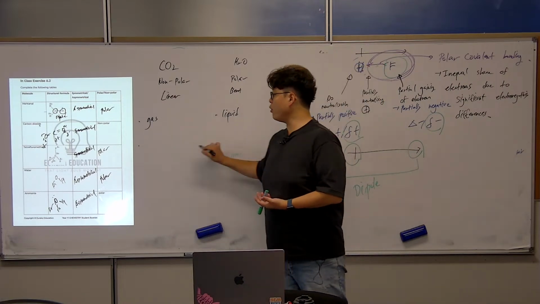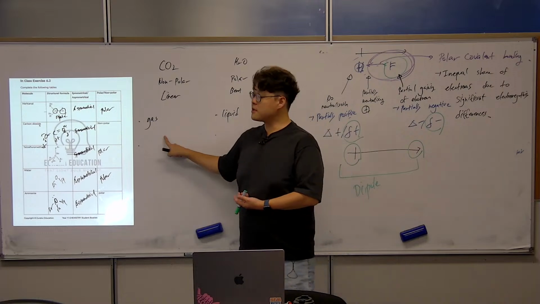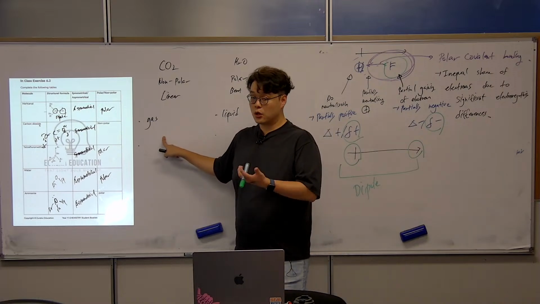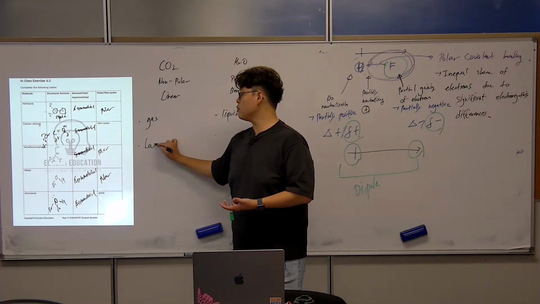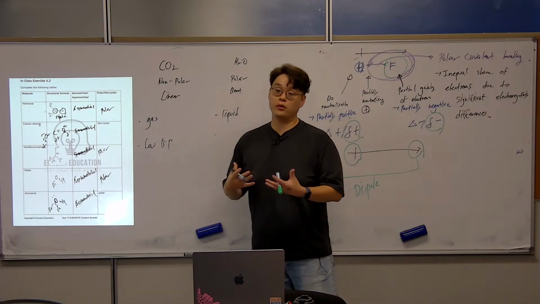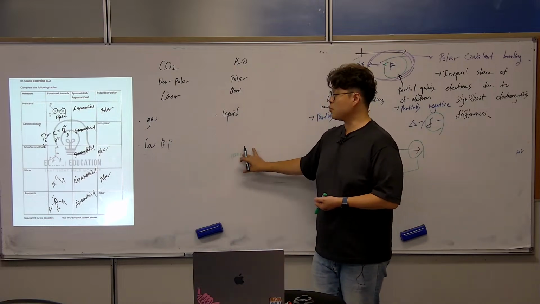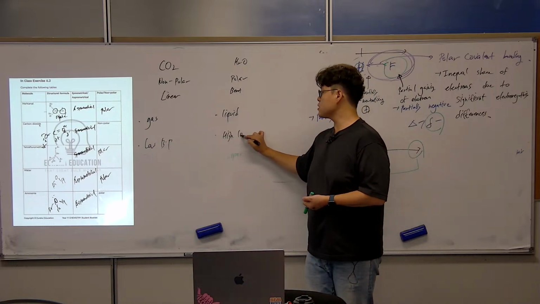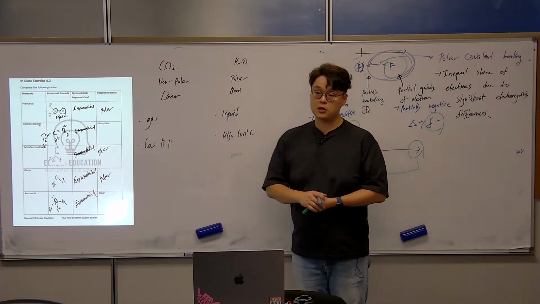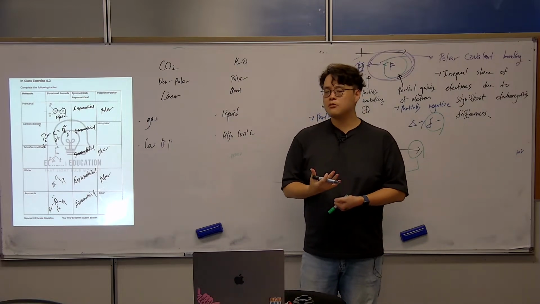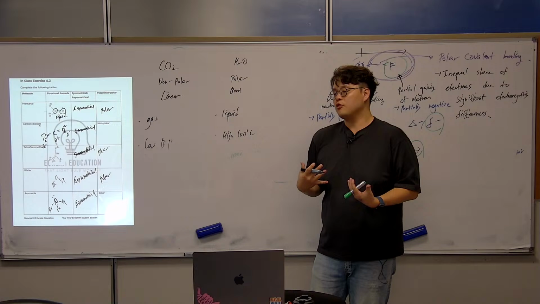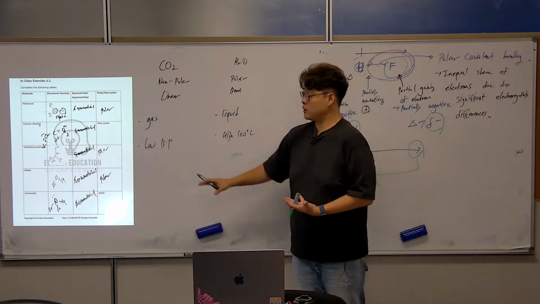In terms of boiling point, being a gas means CO2 has a really low boiling point. It's already boiled at 25. This has a boiling point of 100 degrees Celsius. What makes them have such different boiling points?